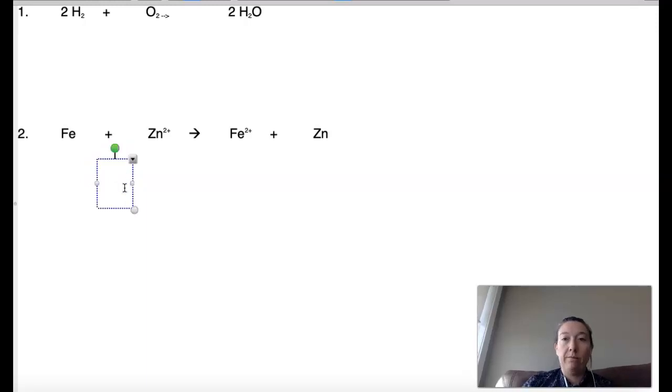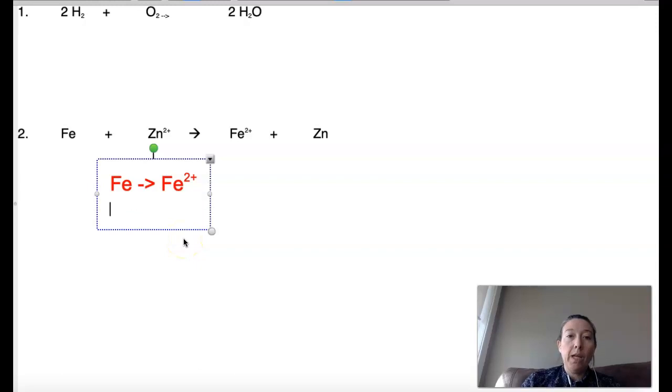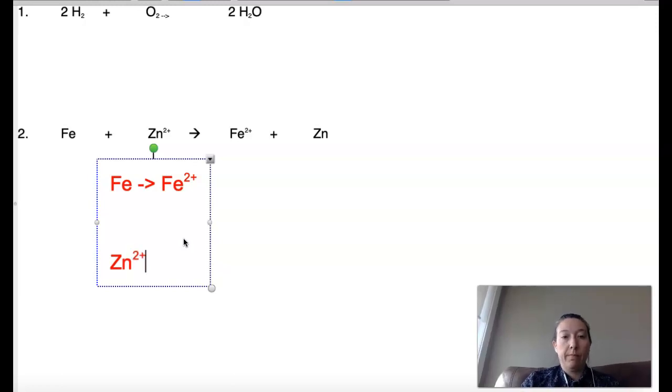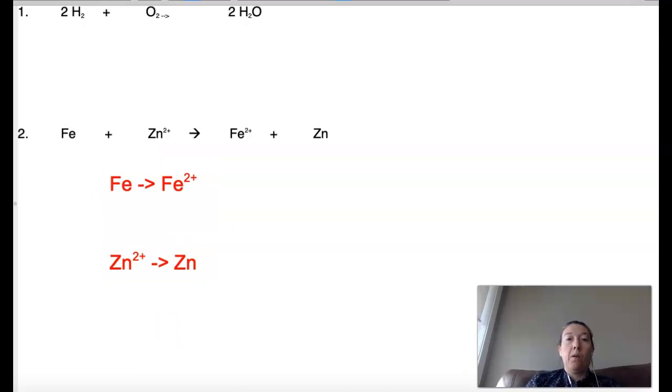So we are going to have our Fe turning into that Fe2+. And then we're going to have that zinc 2+ turning into just zinc. Okay, so same thing as we did in the last question. We're going to have a look at how our charges are.